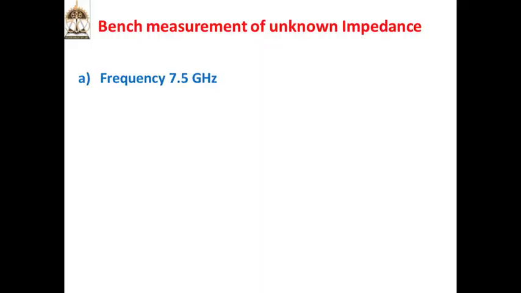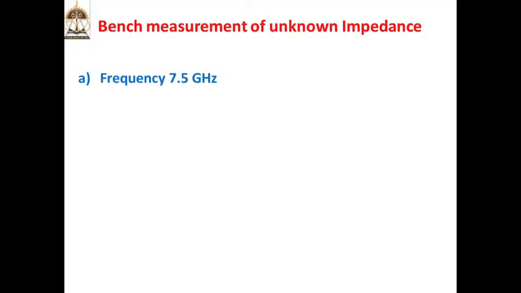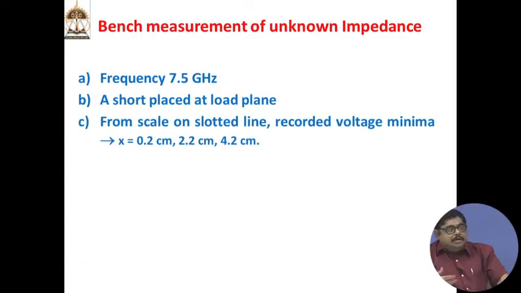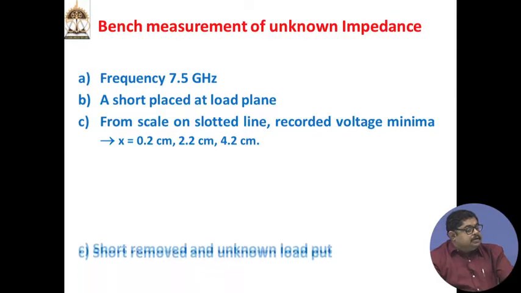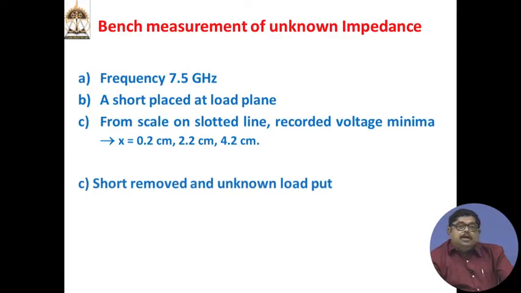So, again the same problem: unknown impedance measurement, frequency is 7.5 gigahertz, a short placed at the load plane. I am repeating because that was in the earlier lecture. You have noted that the voltage minima are at these points, then the short is removed and the unknown load put.